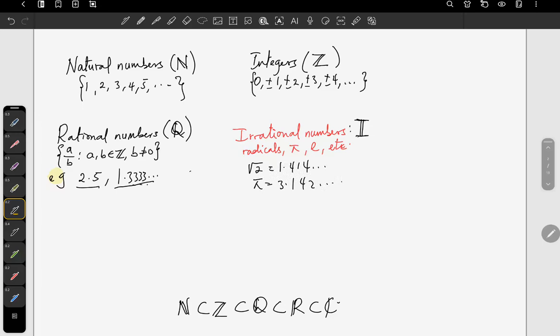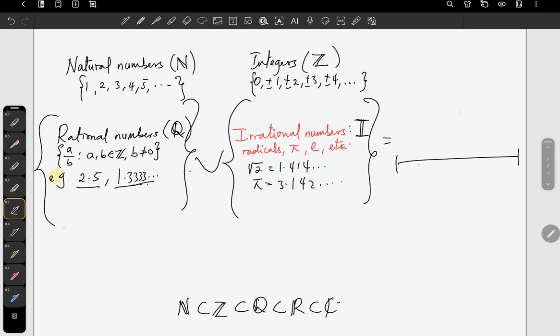Okay, so these are rational numbers and irrational numbers, and when we combine these two together, we get what we call the real numbers. So the union of this set and this set gives us the set of the real numbers. They are the points on the real line.